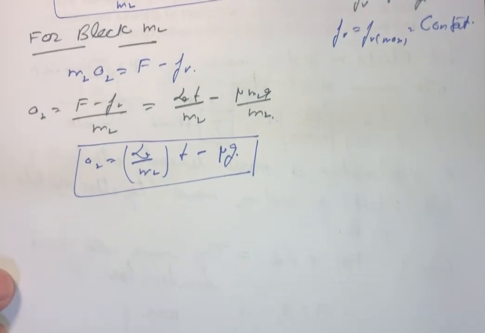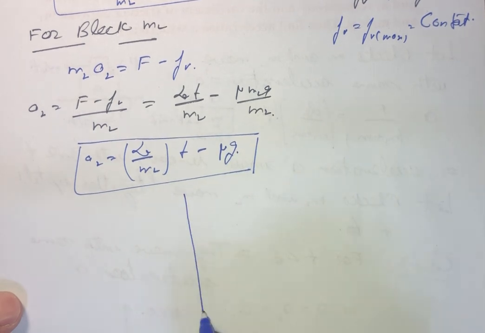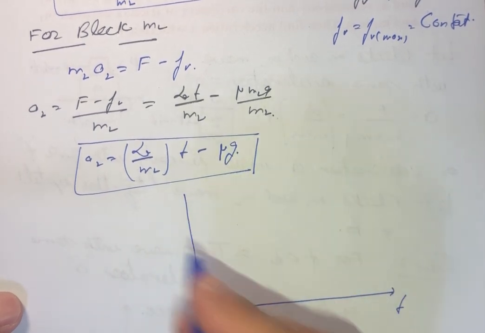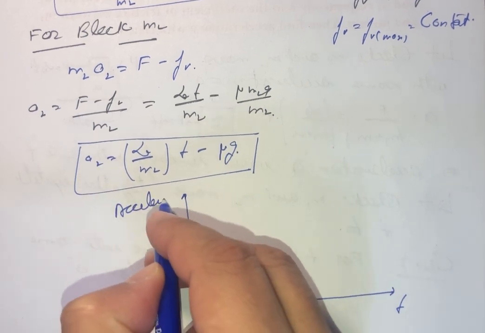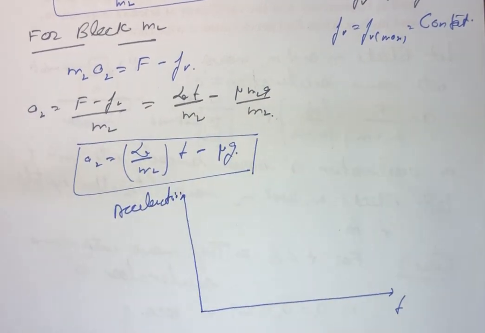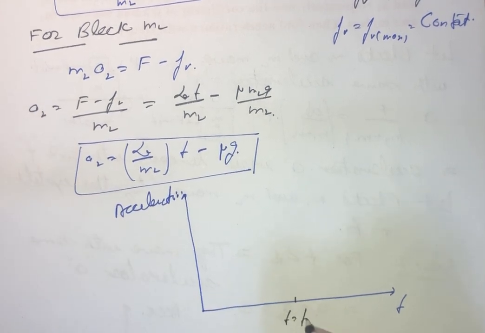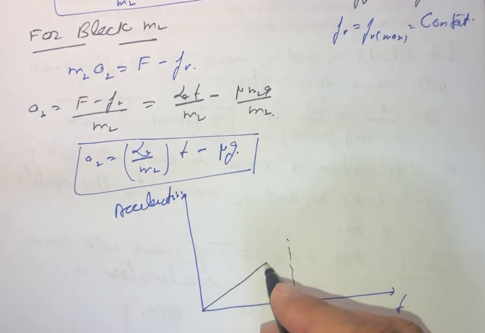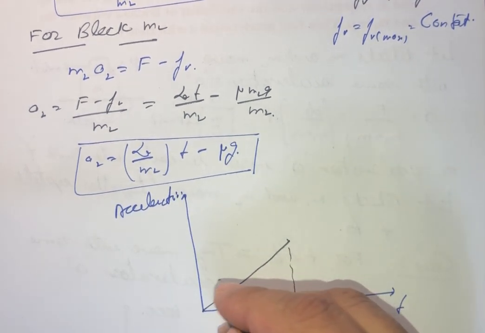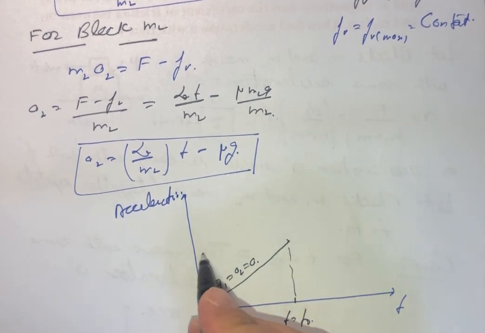Let's complete the graph now. Partially we have already drawn it. Around here, this is time t, and this is the acceleration. We've already marked t is equal to t naught. Till here, they are both traveling with the same acceleration, that is a1 is equal to a2 is equal to a, and this is our a.